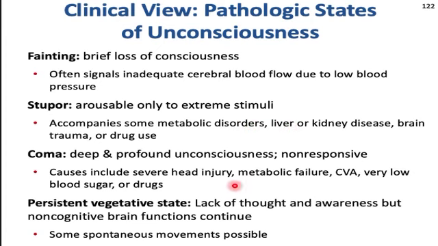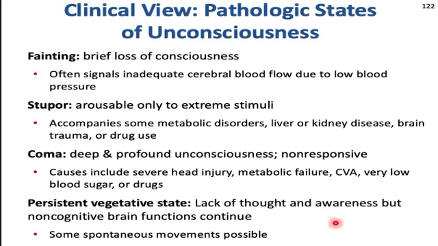And then coma, the sleep from which you do not wake, right? And this is usually trauma, metabolic failure, cerebrovascular accident, stroke, okay? Low blood sugar, or certain drugs. And then persistent vegetative state, which is lack of thought and awareness, but non-cognitive brain function will continue, okay?